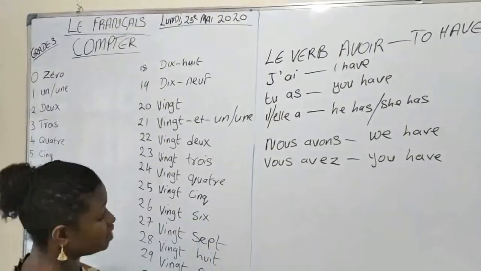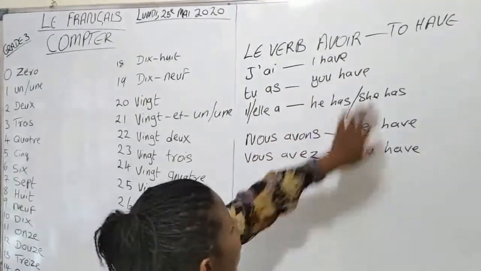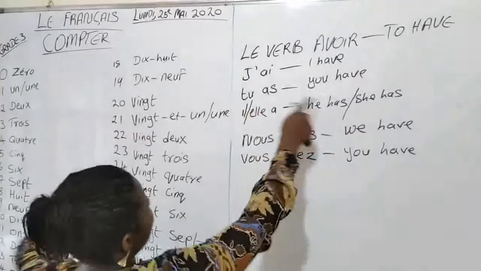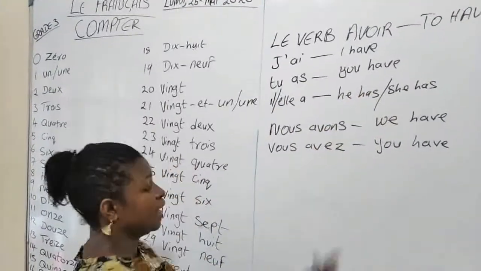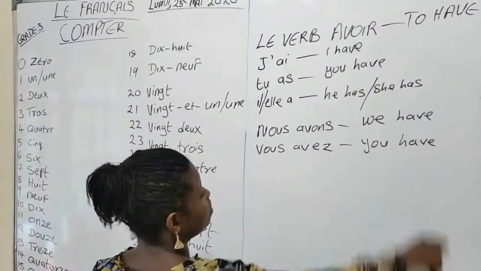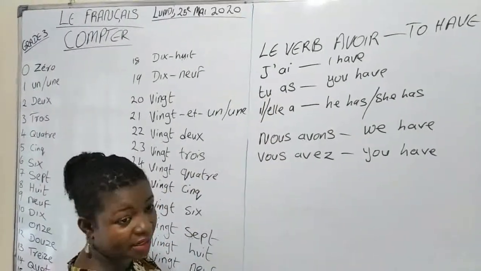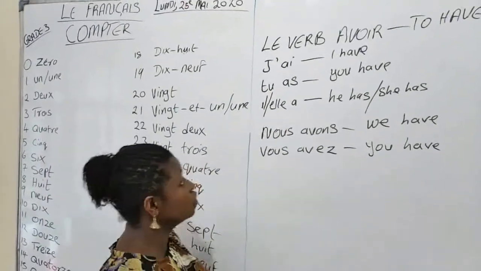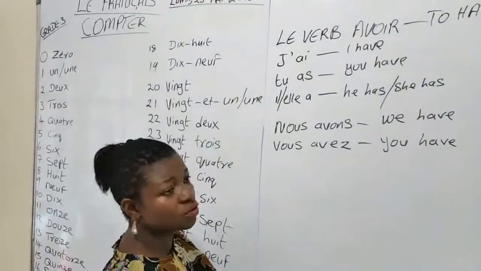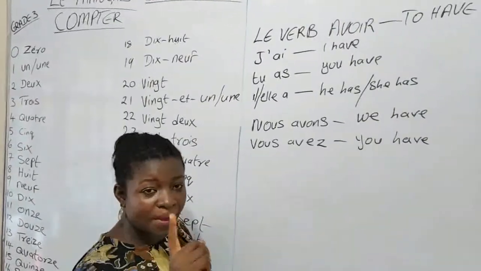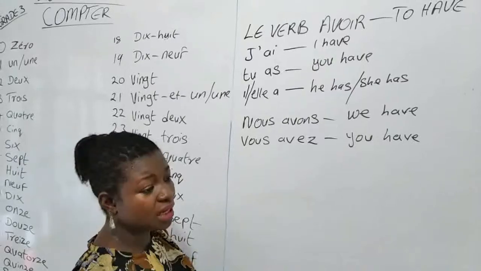Okay, before we continue, you can see you have and you have. Tu as means you have. Vous avez means you have. Okay, these two: tu is when you are talking to your friend. When you are talking to one person, you use tu.